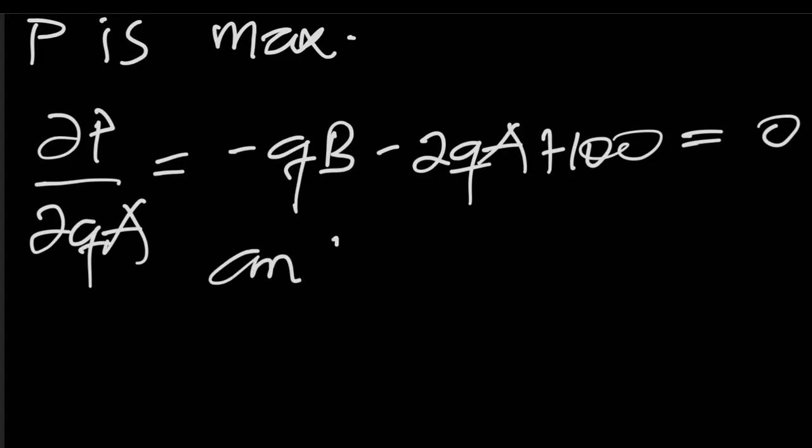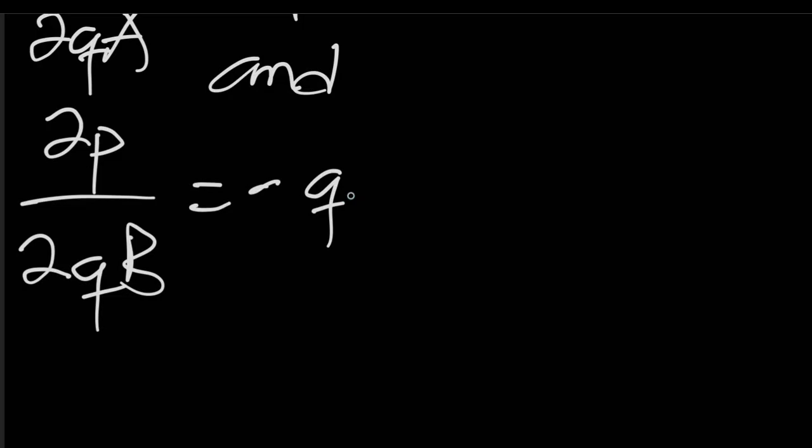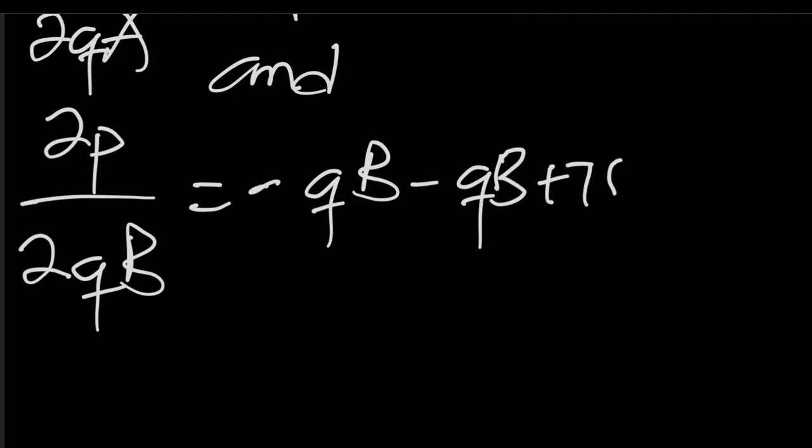Then again, the partial derivative of P with respect to QB will be equal to minus QA minus 2QB plus 75, which will be equal to 0.